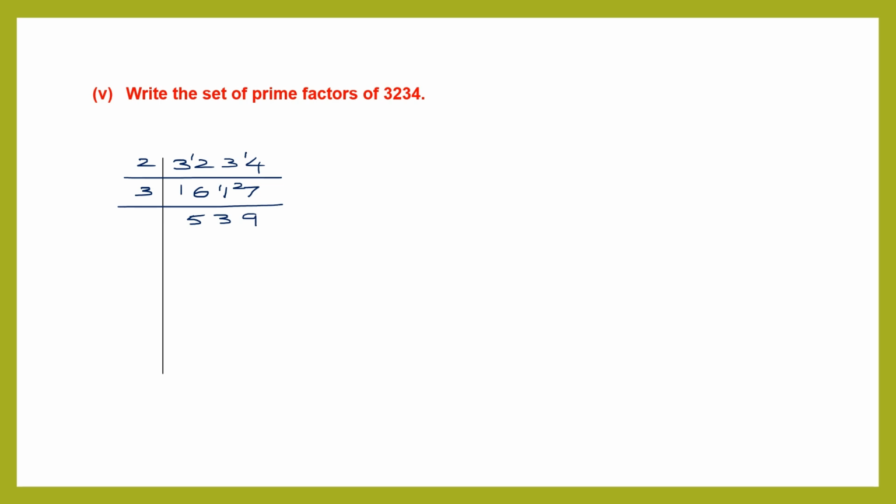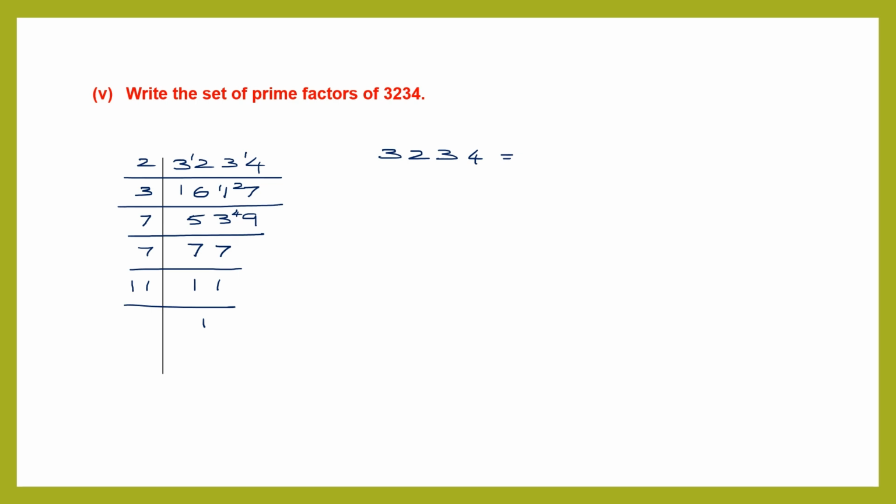Now this number is divisible only by 7. So let's take that. 7 sevens are 49. Now what is left? Again there's 4 left. 7 sevens are 49. Continue again with 7. So here 7 elevens are 77. Now we can take 11 and 11 ones are 11. So now what are all the prime factors of 3234?